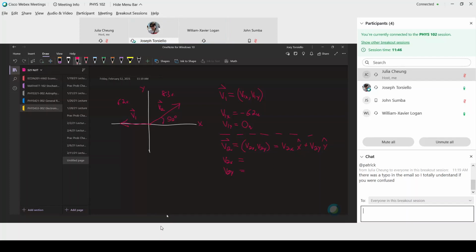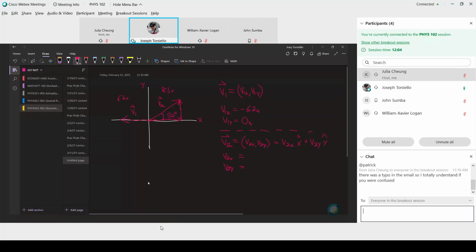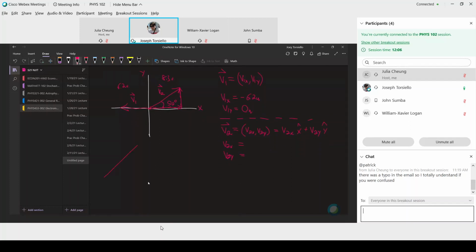I got you. Okay, I'll explain this then. Basically, to find the components of the vector, you find how much of this arrow is pointing in the x direction and how much of it is pointing in the y direction. The way you solve this is by making it a right triangle.